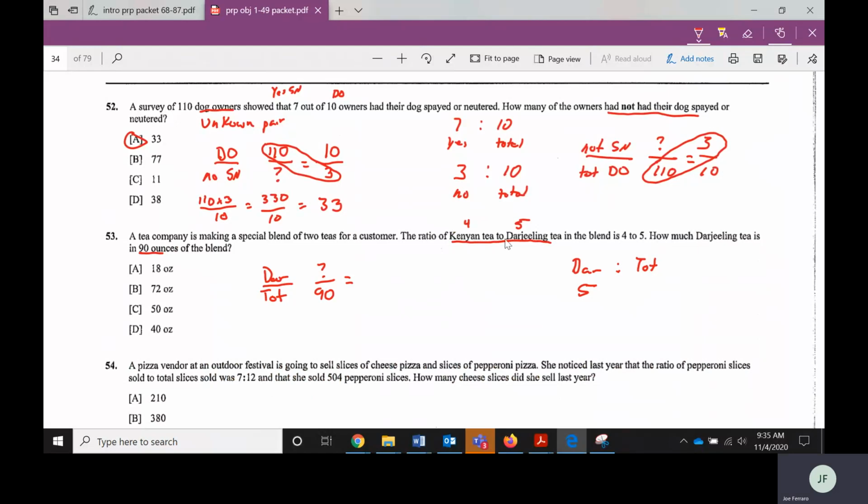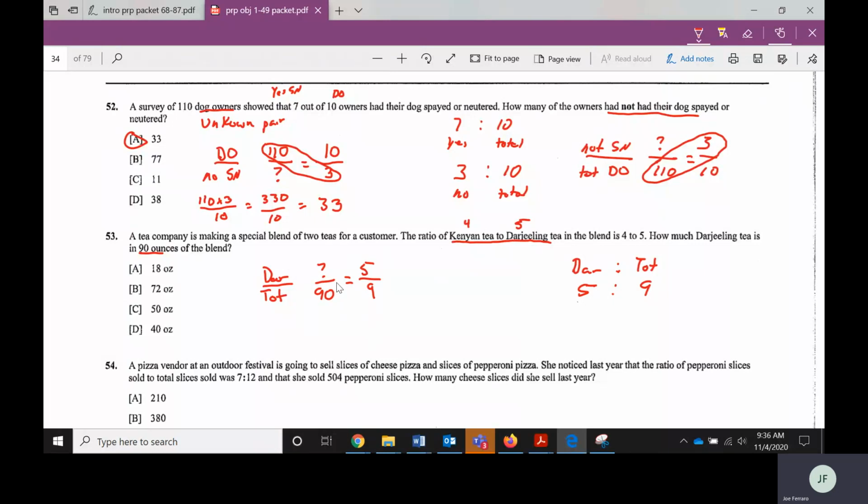Well, if there's 4 Kenyan and 5 Darjeeling, how many is that total? Well, 4 and 5 together is 9. Okay, now these are the numbers. So they didn't straight out tell us it's supposed to be 5 and 9, but we can figure it out. So the known pair then is if you have 5 ounces of Darjeeling, you have 9 ounces total.